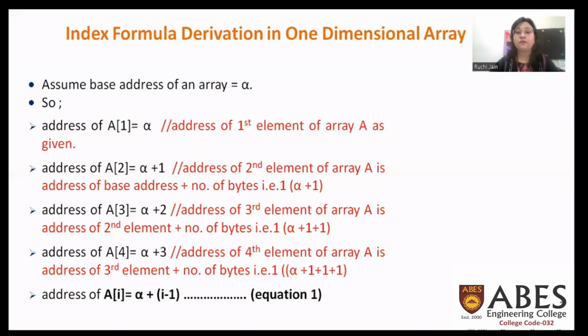Now for the A4 position, the address becomes alpha plus 3. Now we generalize these steps: the address of Ai becomes alpha plus i minus 1. This is our equation 1, where we consider the lower bound of the array as 1 and the number of bytes stored in a particular cell as 1 byte of memory storage.